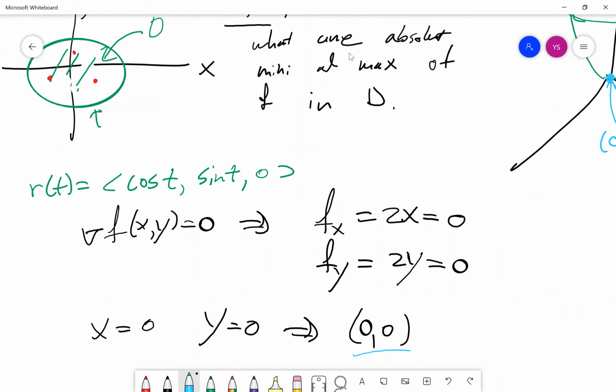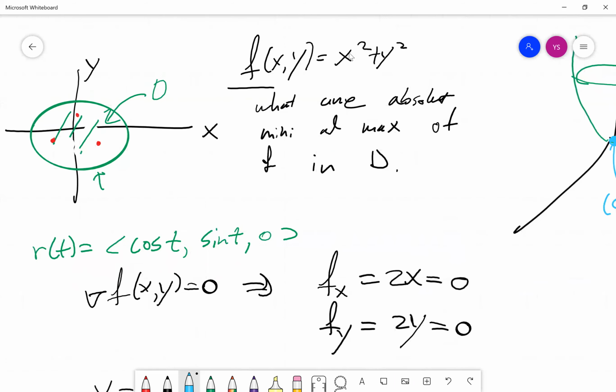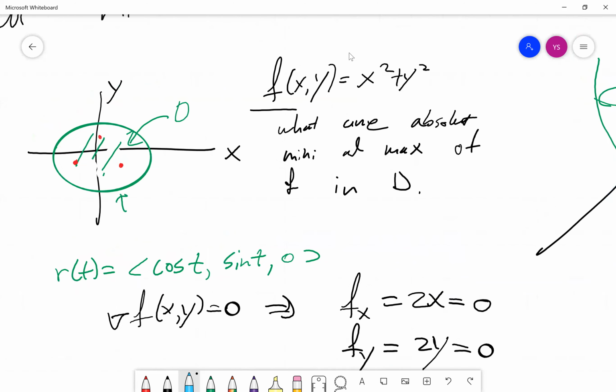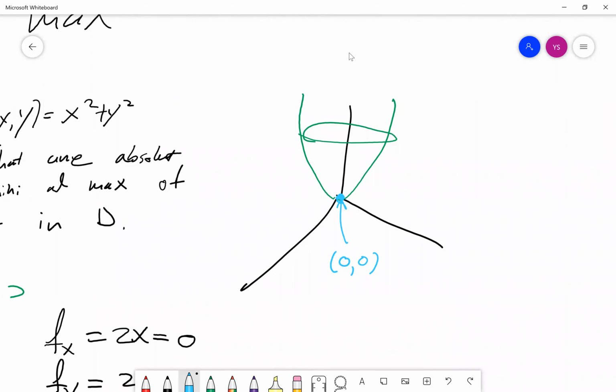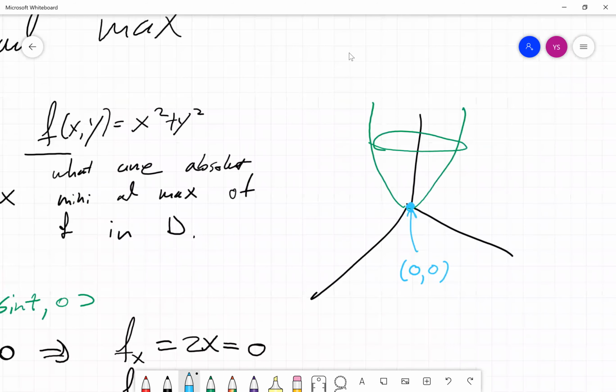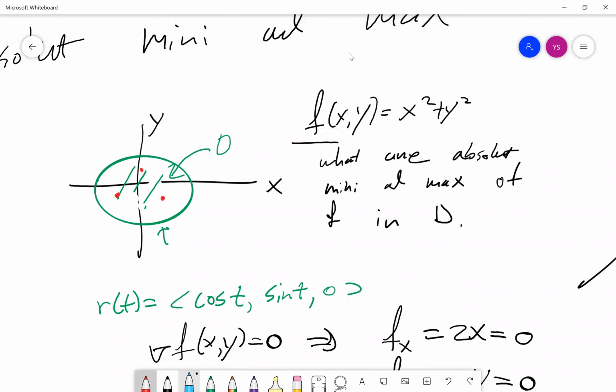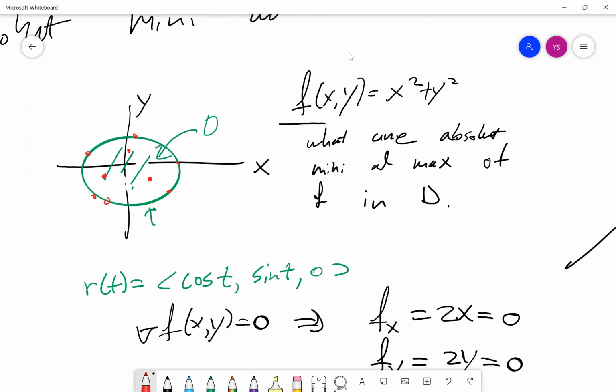What's next? So the second thing that we want to do is we want to turn this function into some one-dimensional function at the boundary. Because we need to now look for the critical points at the boundary as well, right? The same way that in the one-dimensional case we just plugged in the boundary points.